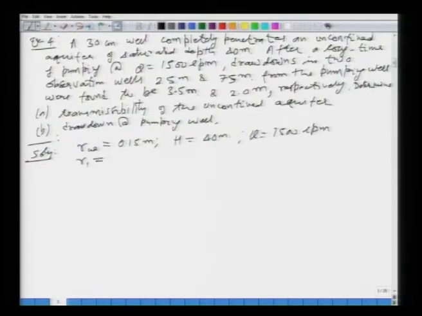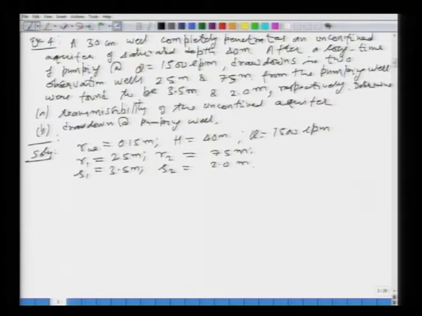The radial distance from the pumping well of the first observation well is 25 meters, and similarly your R2 is 75 meters. The corresponding values of the drawdowns, S1 here is 3.5 meters and S2 is 2 meters.